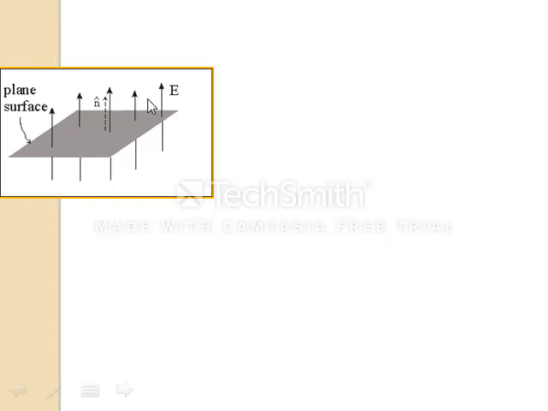Theta is 0. Electric field and normal are in the same direction, parallel. So flux is ES cos 0. Cos 0 is 1. So the flux comes as E into S. Write it down. Flux is E into S. So in such cases, when the field lines are crossing the surface perpendicularly, flux is maximum and its value is ES.